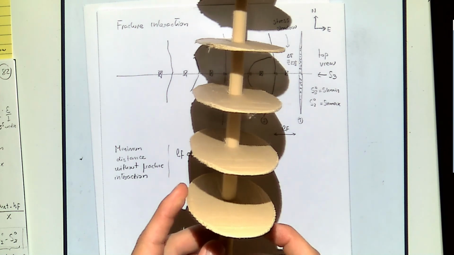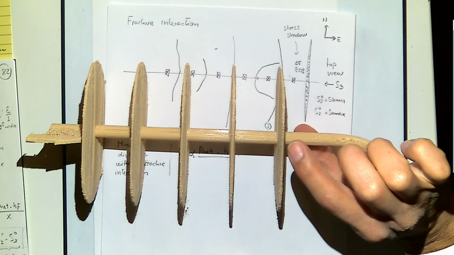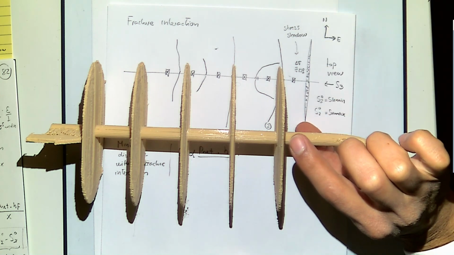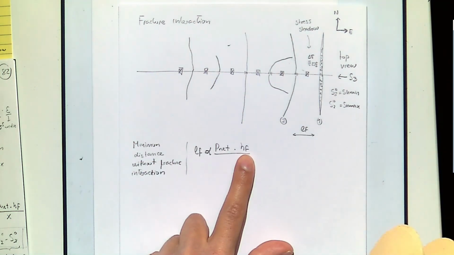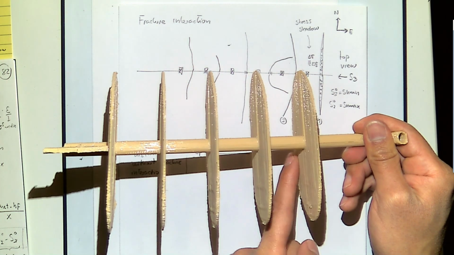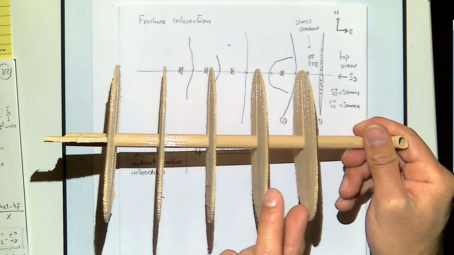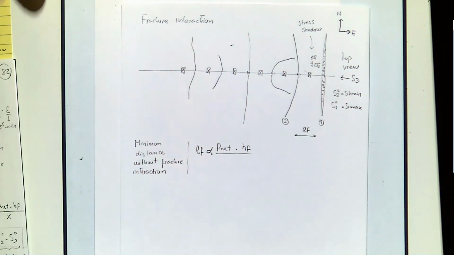Usually these fractures tend to be longer than the fracture height. So this stress shadow effect is also proportional to the fracture height. The higher the fracture height, the further out from the wellbore the stress shadow is going to propagate.